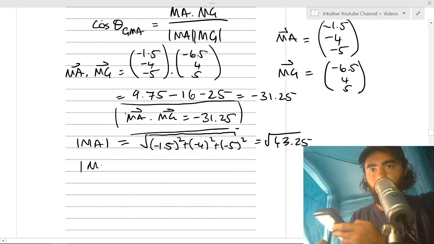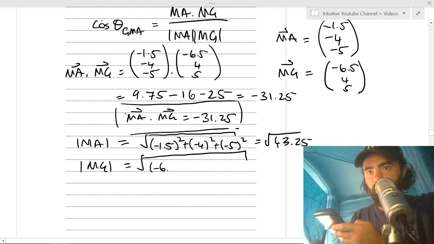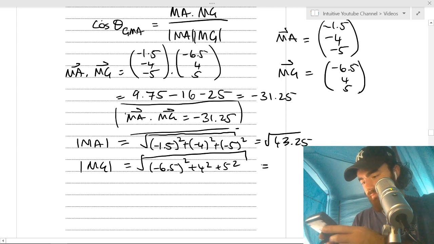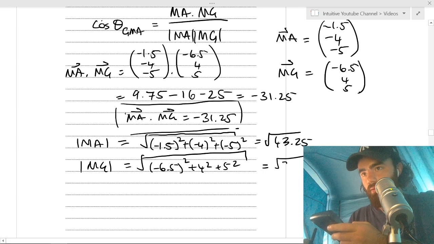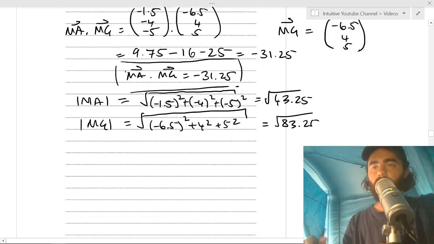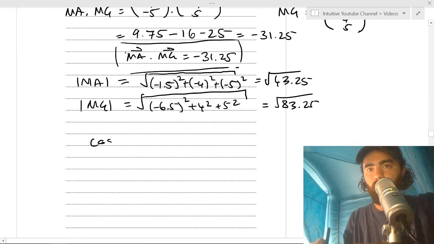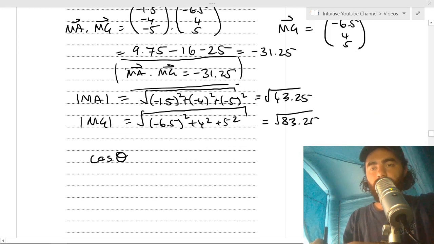And the same can be done for MG. That's the square root of 83.25.